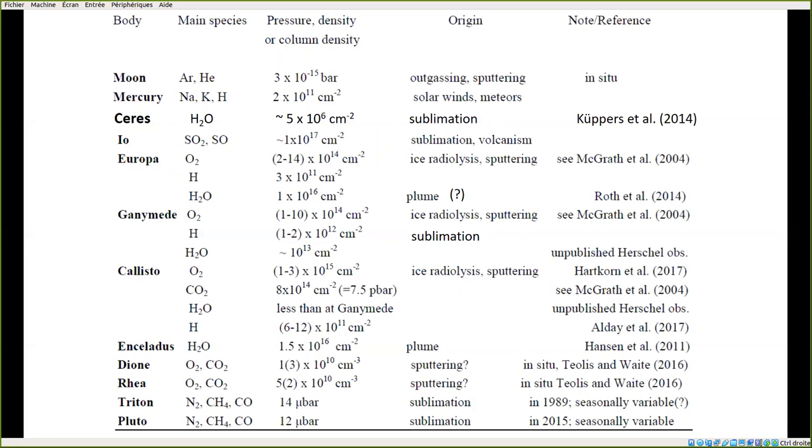So in terms of main composition, atmospheric density, which is expressed here either in pressure or density or column density, depending actually on how it was measured. And this table also gives you an idea of the origin of the atmosphere, and then some references in which you may look if you are interested in further details of one or the other of these atmospheres.